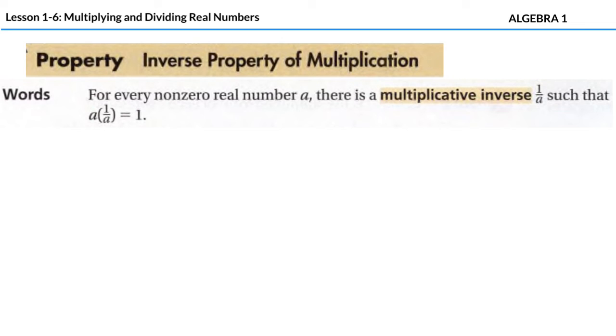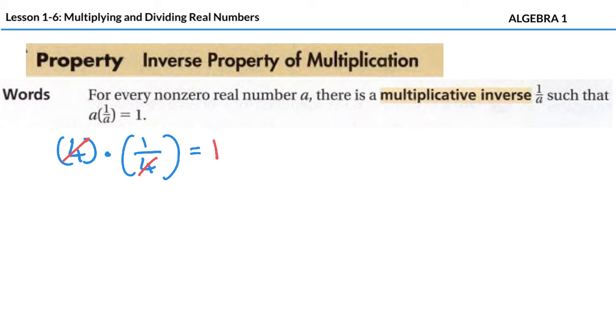For example, if I have 4 as a real number, what is the multiplicative inverse of 4? It is going to be 1 over 4. Why? Because if I multiply 4 times 1 over 4, the answer is 1, because 4 divided by 4 cancels and it's 1. So the multiplicative inverse of 4 is 1 over 4.